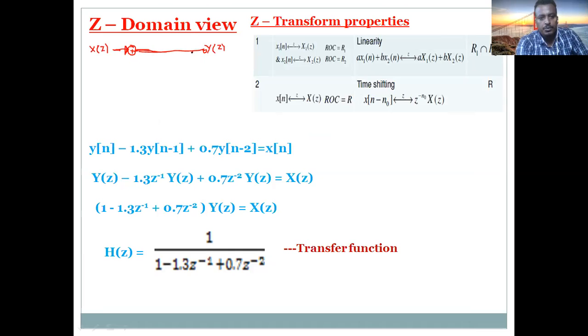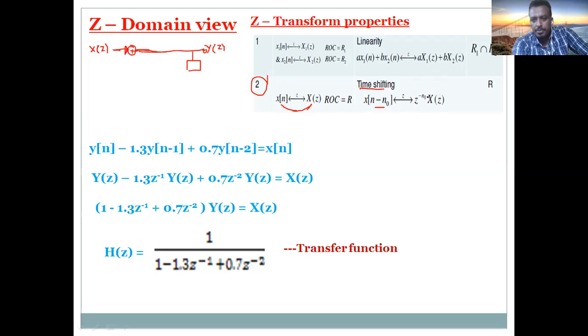Then the output delayed by 1 in time domain. Look here, the second property of Z transform. We call it the time shifting property. So if the Z transform of x of n is x of z, now in time domain, if you shift your signal by some constant n naught, what will be the effect on the Z transform?